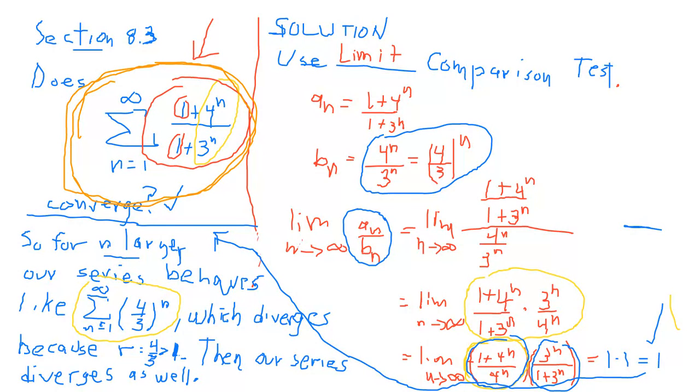Let me ask you this: what if instead of the ones, you had 1,000,000 plus 4 to the nth power on top, and on the bottom you had 1,000,000 plus 3 to the nth power?